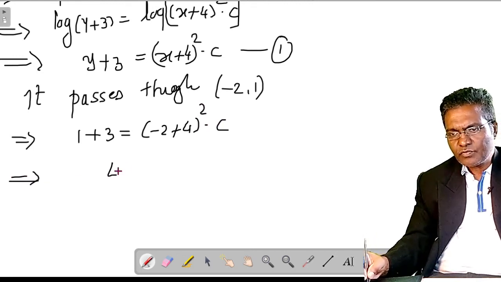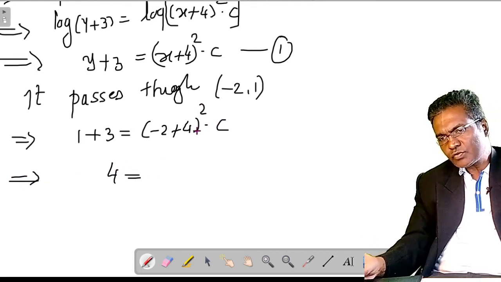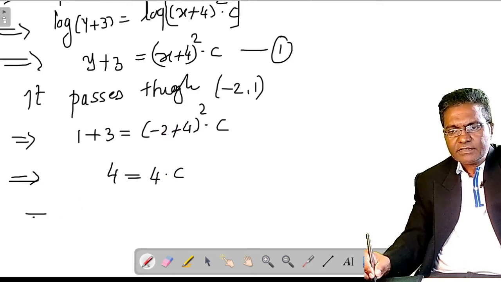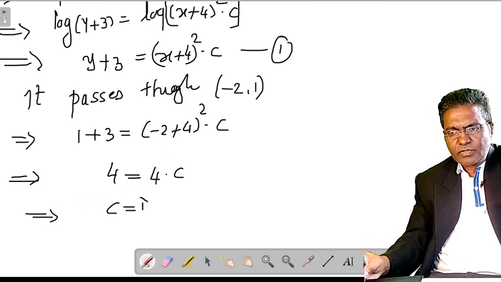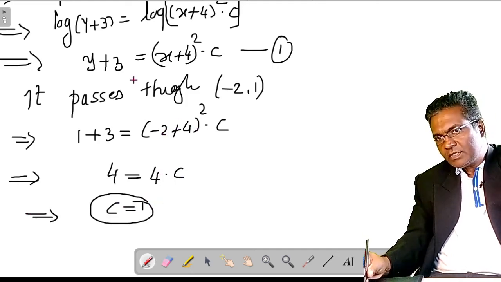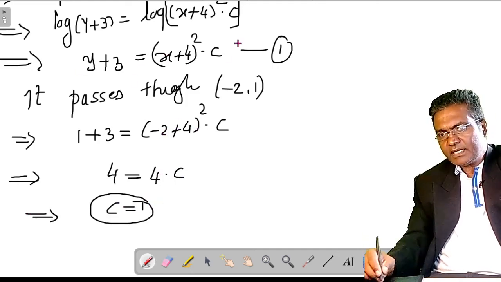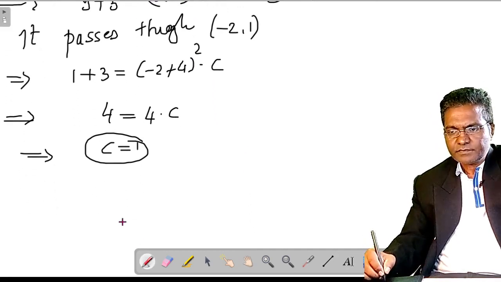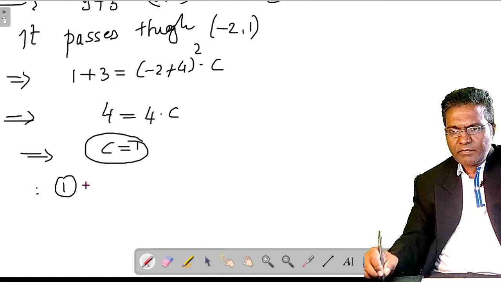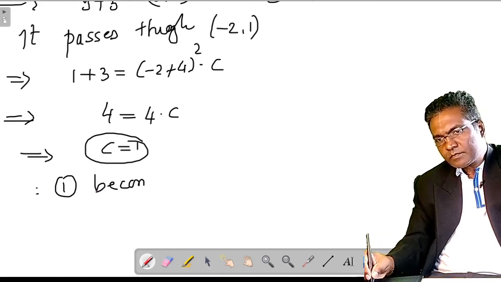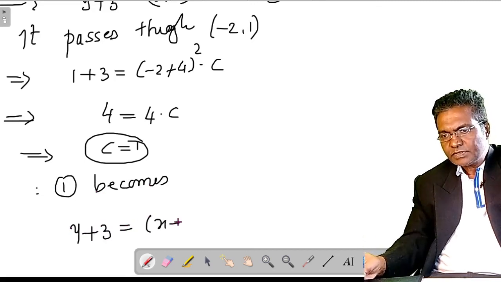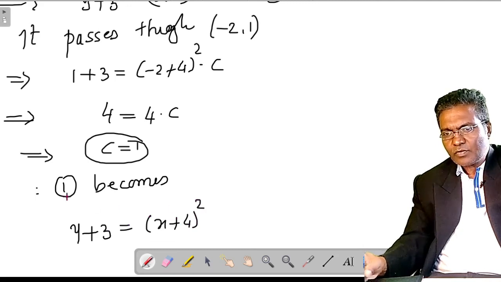This gives you 4 is equal to 4 minus 2 is 2, 2 square is 4 into c. So this implies c is equal to 1. Substitute here, and you will get the required curve. Therefore, y plus 3 is equal to (x plus 4) whole square.